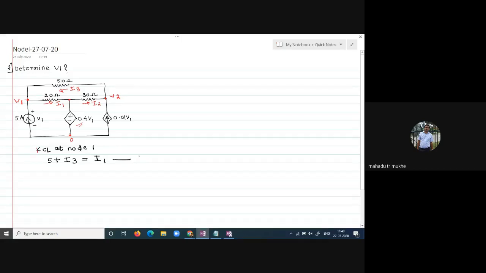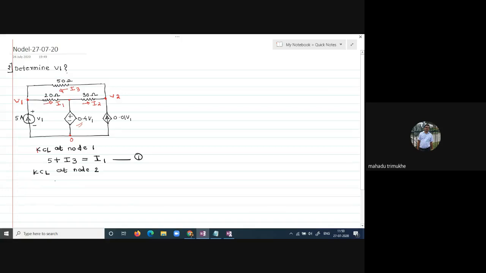Similarly, you apply KCL at node 2. KCL at node 2 is what?